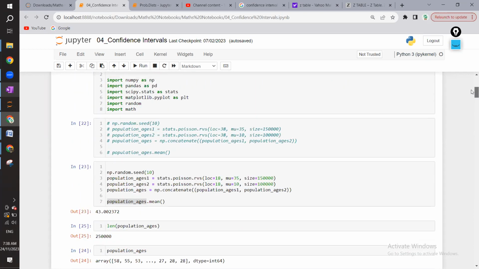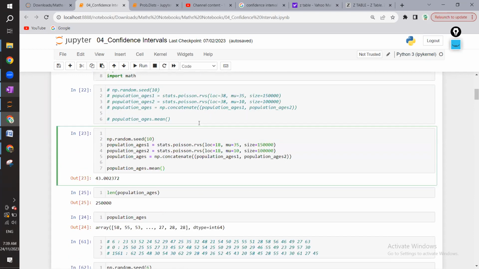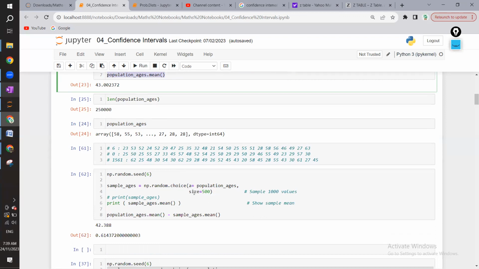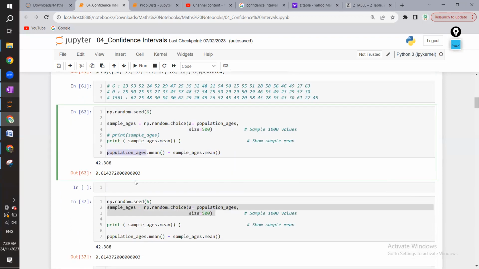We considered population ages a few classes before. We took 2 types of distributions and concatenated both of those to get the population ages. Then we took a sample of 500 and saw it is almost close to the population.